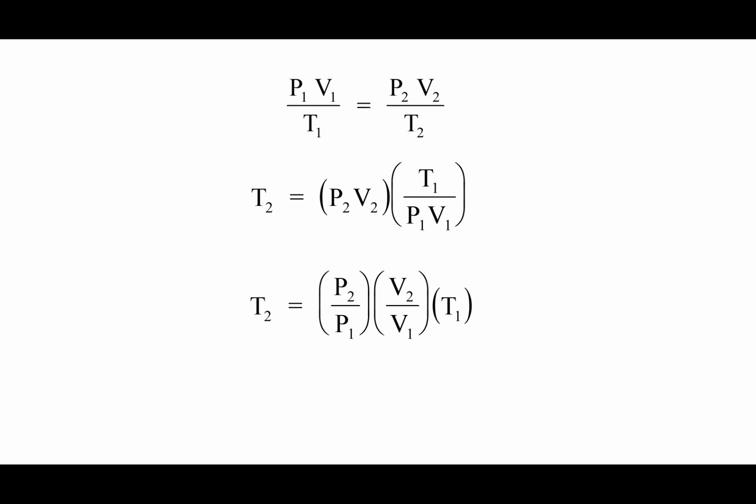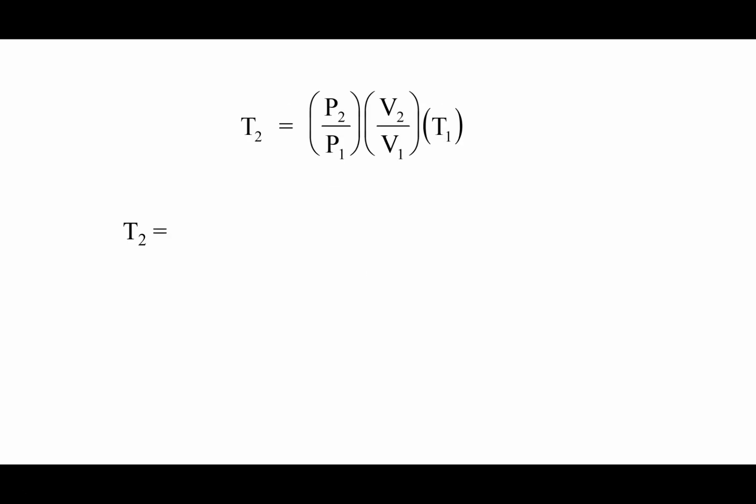So the temperature for the second state is a ratio of P2 to P1 times V2 to V1 times T1. So now we're ready to plug in. Can you kind of see where the units don't matter for pressure and volume? Because the units of millimeters of mercury are going to cancel out.